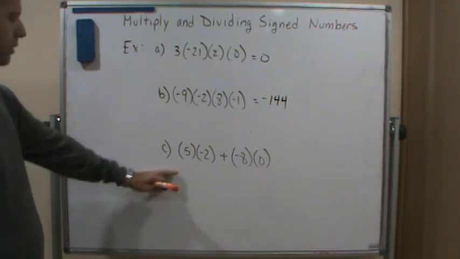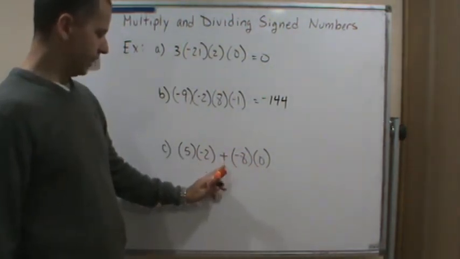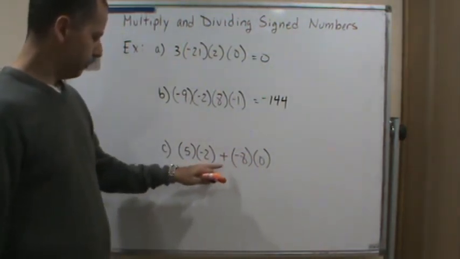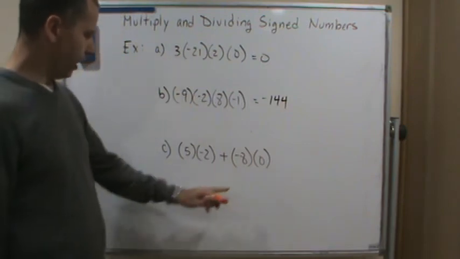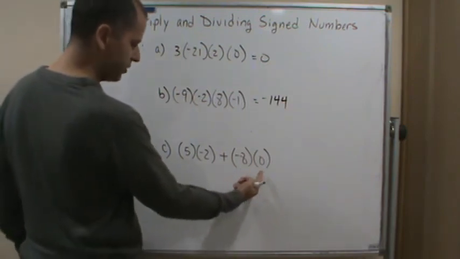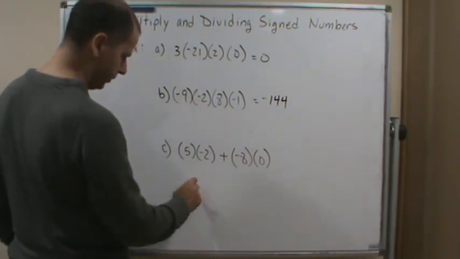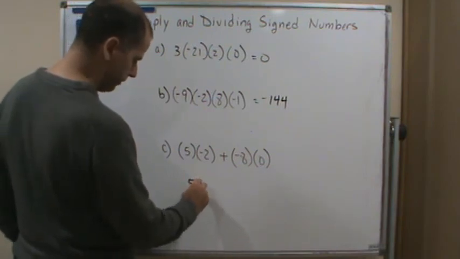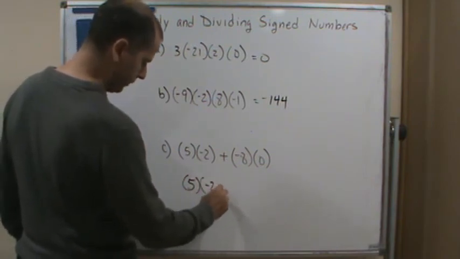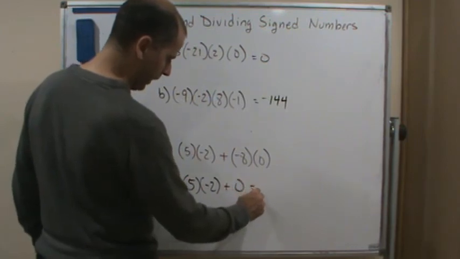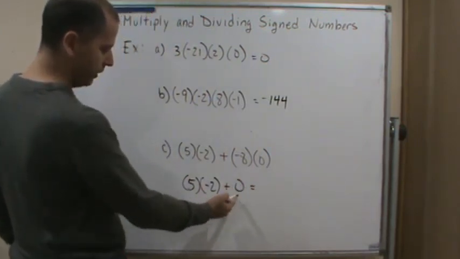Okay, so now, what about this one here? Well, now I've got an addition in here. So I've got a product plus another product. Well, look at this. This is just times 0, so this is just 0. So this is just going to be 5 times negative 2 plus 0, right? And oh, that's the additive identity, right?